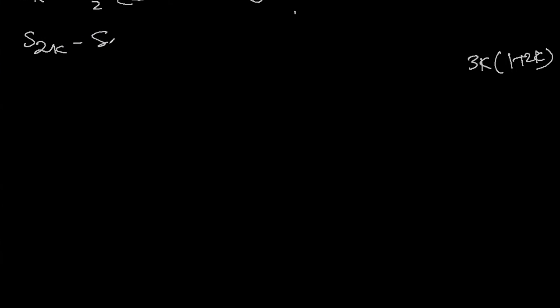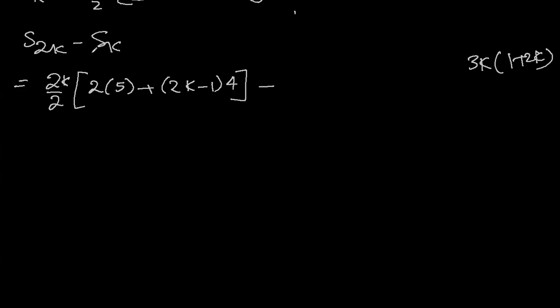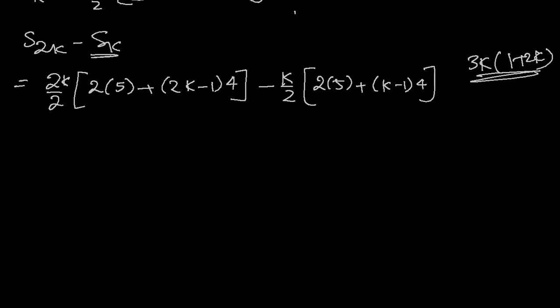So S2k minus Sk will be 2k over 2 times the first term 2a, which is 5, plus 2k minus 1 d. d is 4. Now Sk, k over 2, 2 times 5 again, plus k minus 1 this time, times 4. This should be equal to this one.